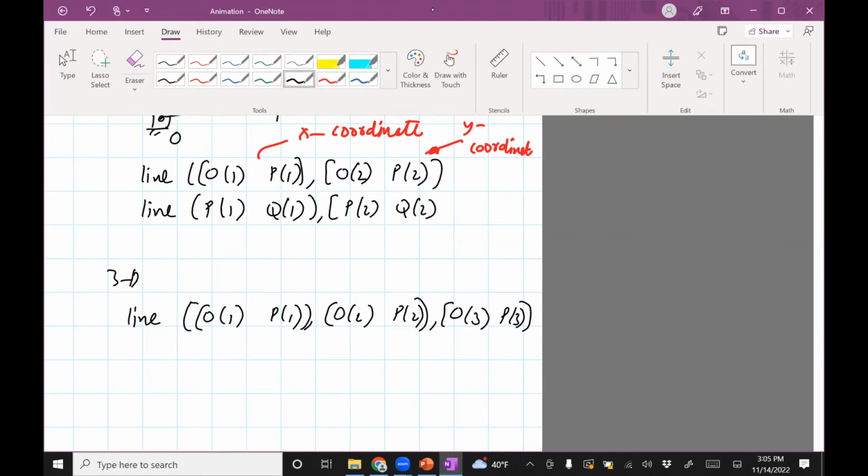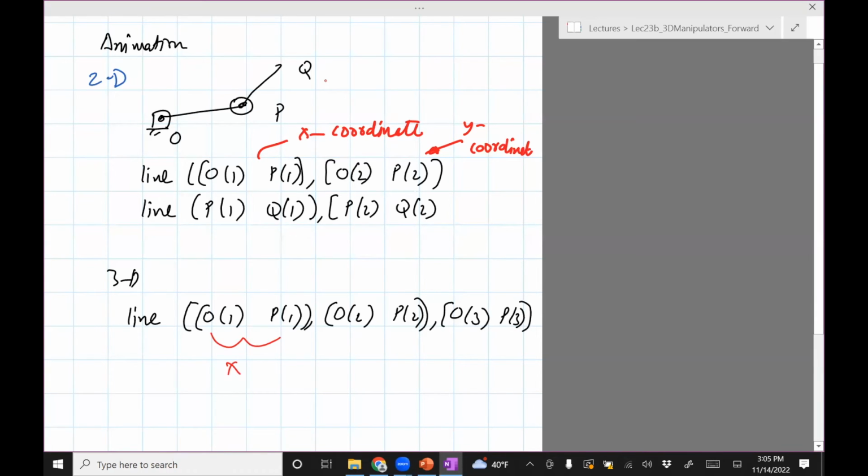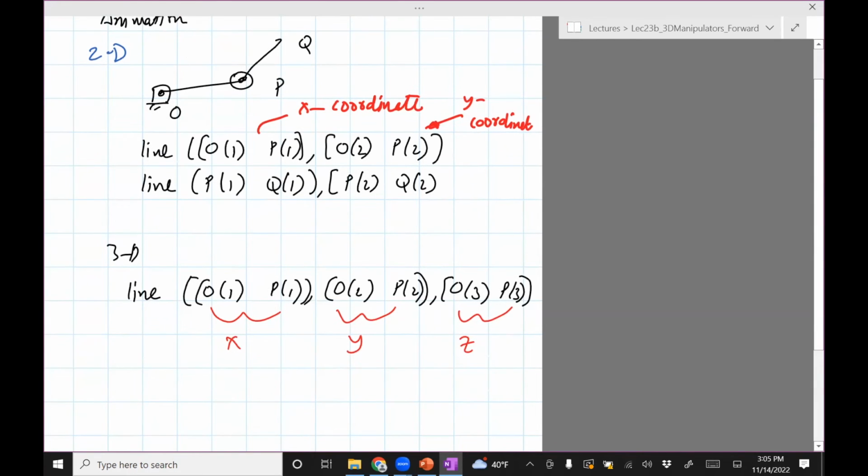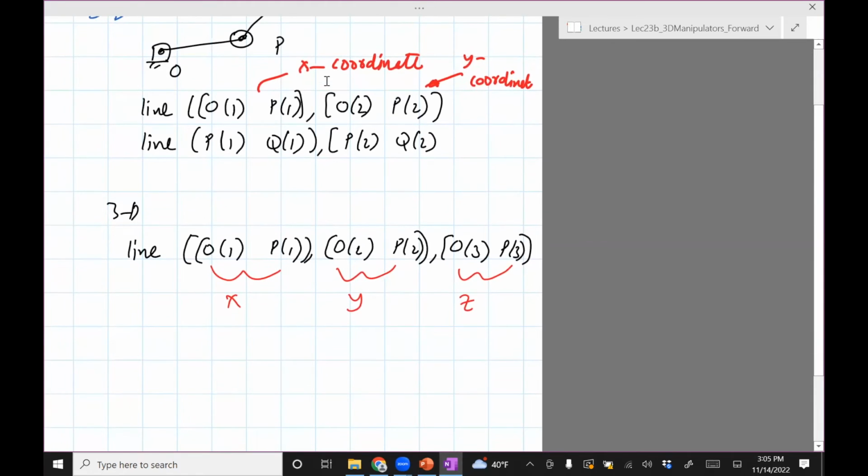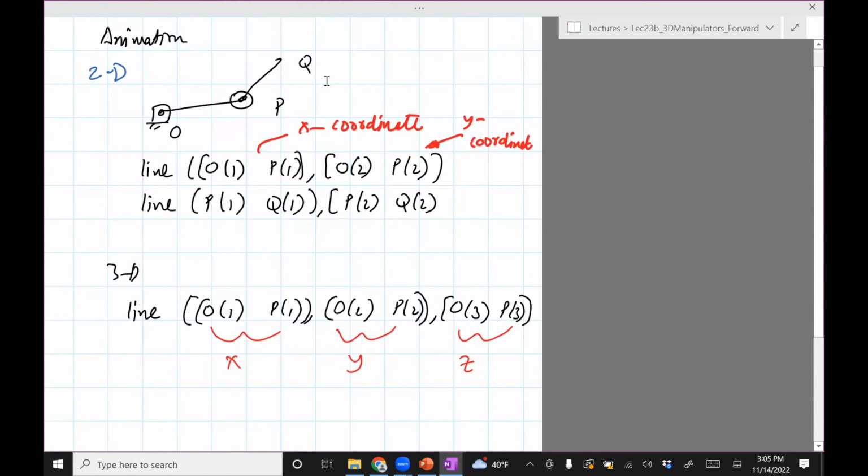So this is X, Y, Z, and then you just keep joining the points, and then you have the endpoints, so you have basically the links, and once you have the links, you have the manipulator.